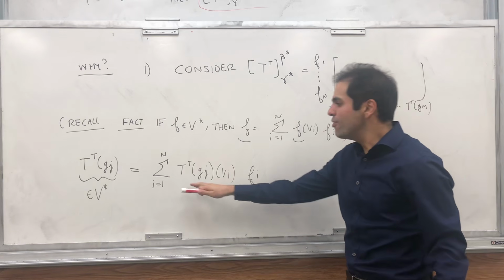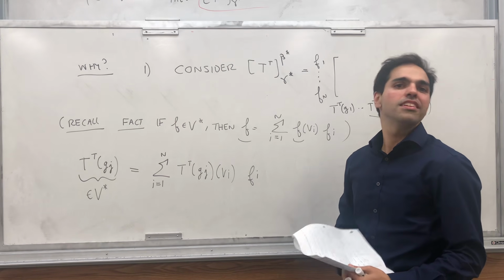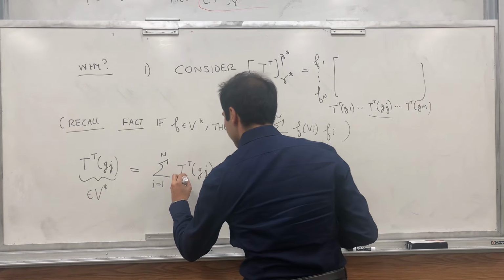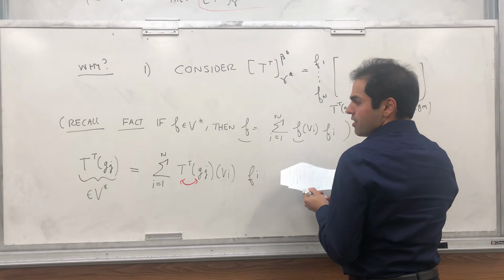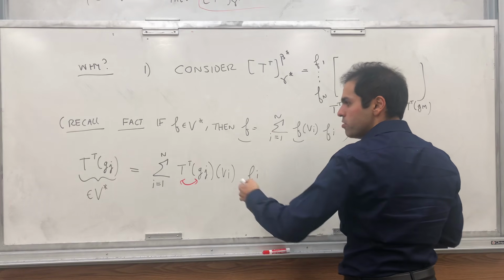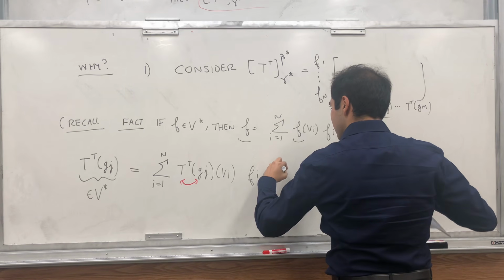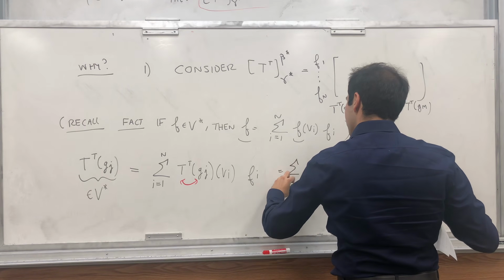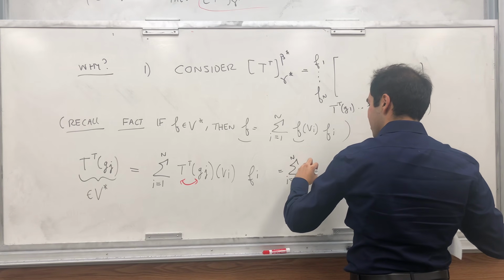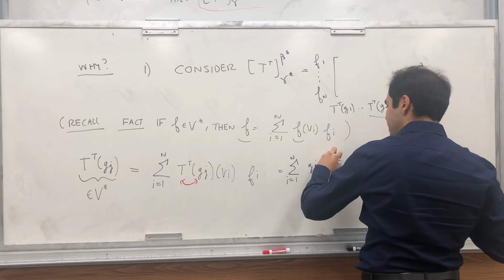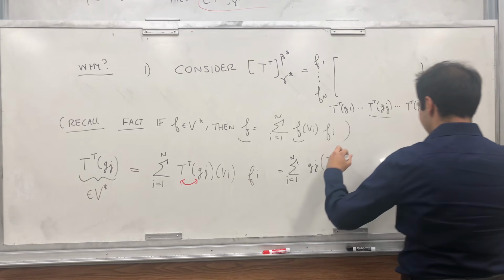So one thing we definitely have to use is the definition of T transpose. And soon we'll use something else as well. And the definition of T transpose means you just flip them. So this is really the sum from 1 to n of Gj of T of whatever that vector is.